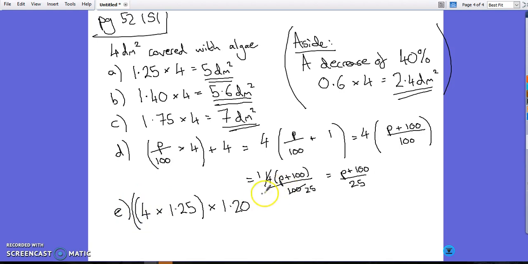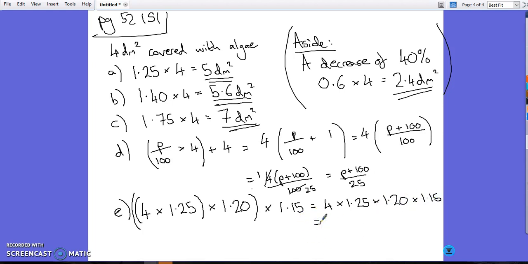And that's what we have on the second day. And then this amount increases by 15% on the third day. Of course, because multiplication is commutative, it doesn't matter which way round we do it. I can write this as 4 times 1.25 times 1.2 times 1.15.